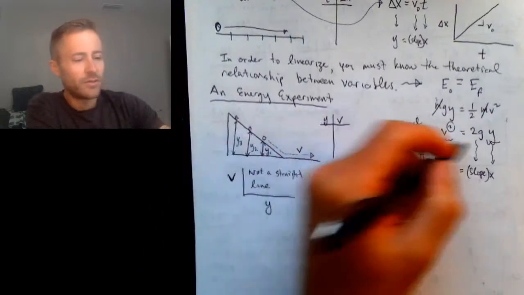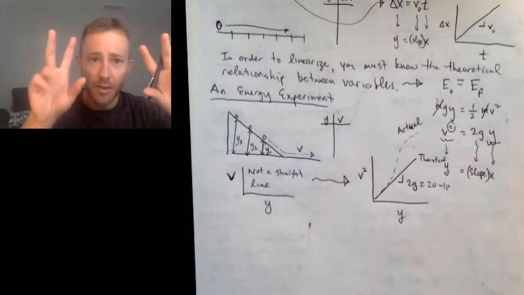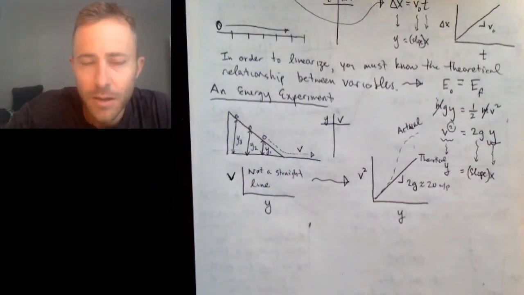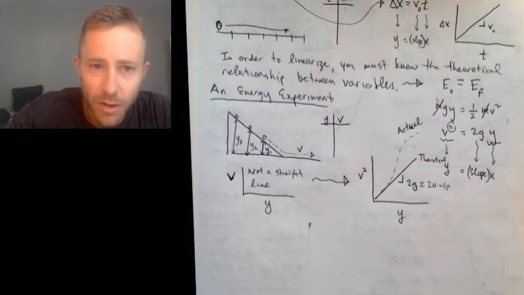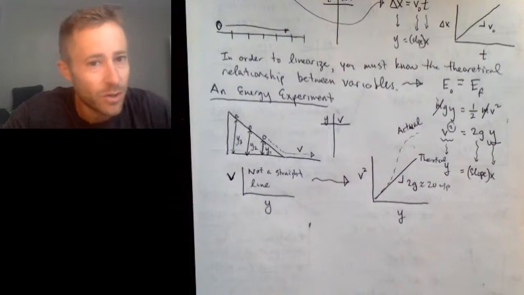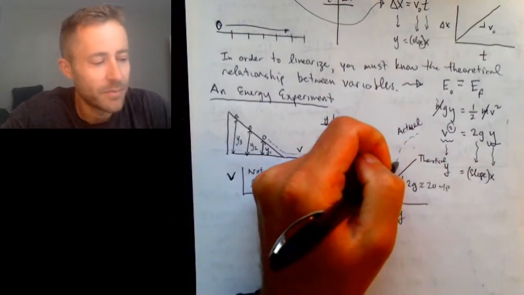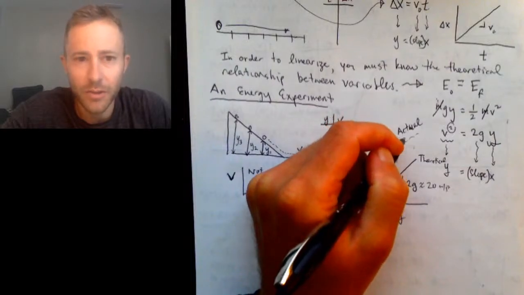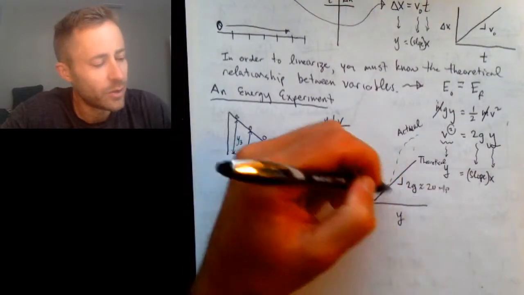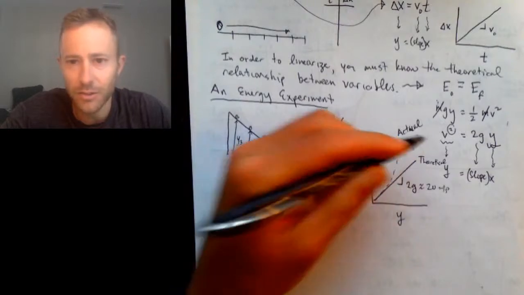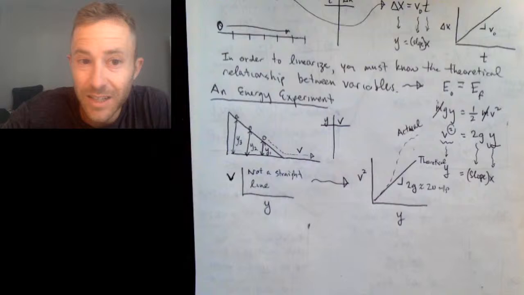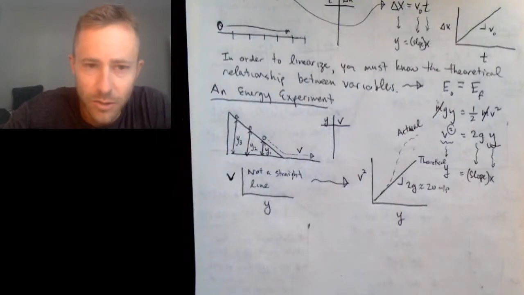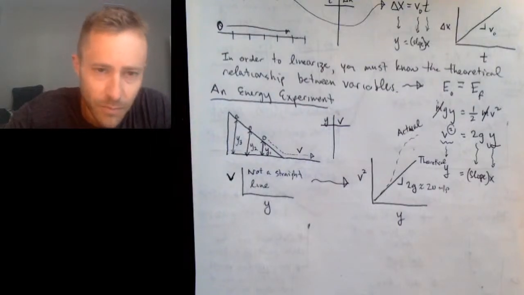Basically, this relationship is your hypothesis, if you will. And so you graph the data according to your hypothesis for how the variables should be related to each other. And if you don't get a straight line, then that means the hypothesis is wrong. So if your actual data looks like this, where it's all curvy, that would say that your data suggests that the conservation of energy is not true.